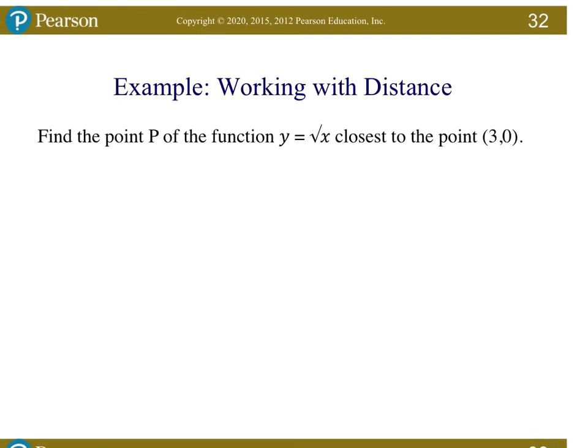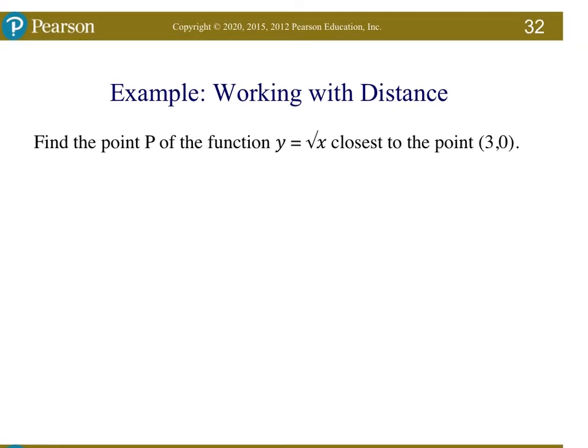All right, let's try another one. Find the point P of the function y equals square root of x closest to the point 3, 0. All right, so let's get our square root, and we all know square roots look like this. The point 3, 0 will be sitting right here.